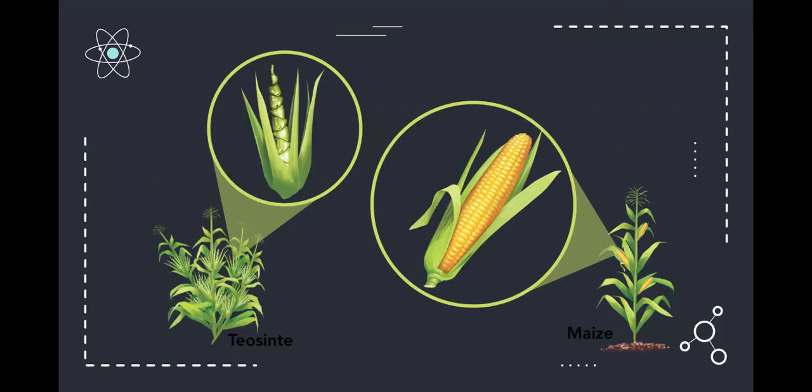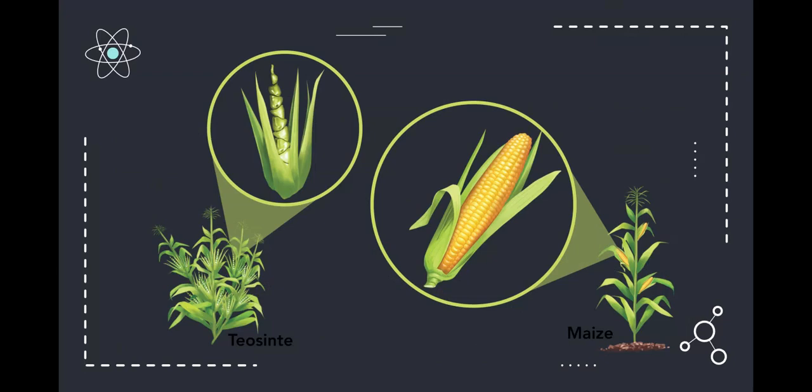Now let's talk about one of the earliest selectively bred plants, corn. Back thousands of years ago, we're talking about 6,000 years ago, the Native Americans found this plant in the area of where Mexico is today called teosinte. And teosinte, again, is the plant that we can see on the left.